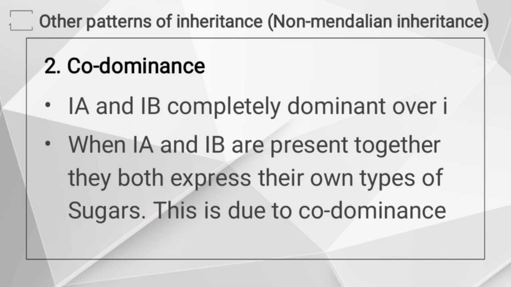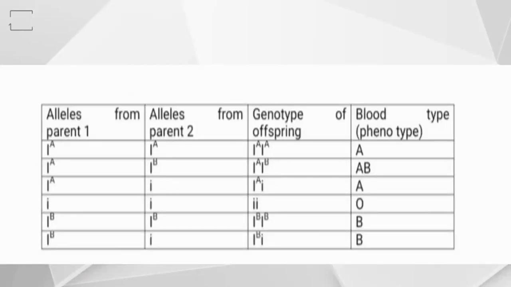When IA and IB are present together, both produce antigen. That means antigen A and antigen B are produced and the blood type is AB. This is due to codominance. In this chart, we observe the alleles from parent 1, the alleles from parent 2, and then the genotype in the offspring and the blood type or phenotype in the offspring.